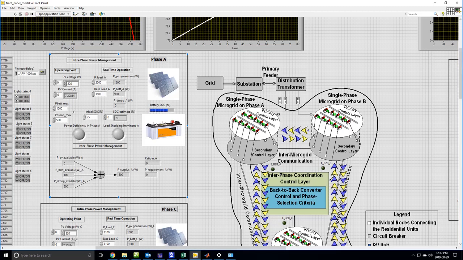Also we need to set up the initial SOC of the battery. In this case it's given in percentage, so I have set this to 75%. So let's run this simulation and see what happens.